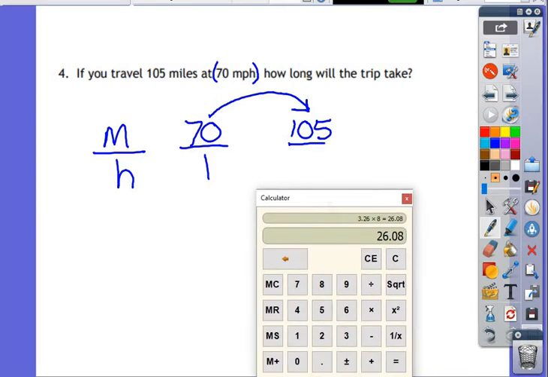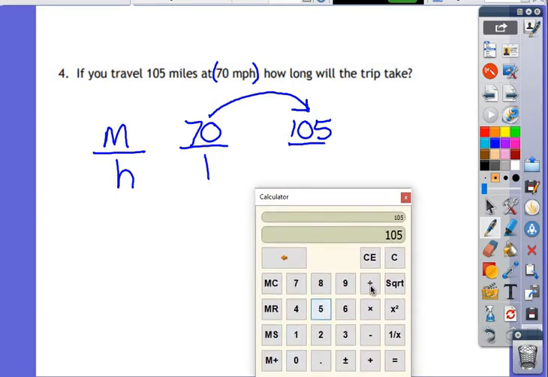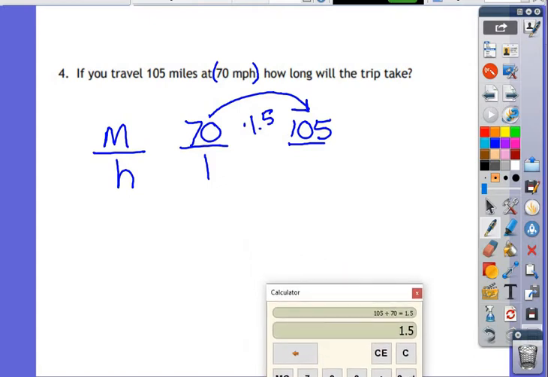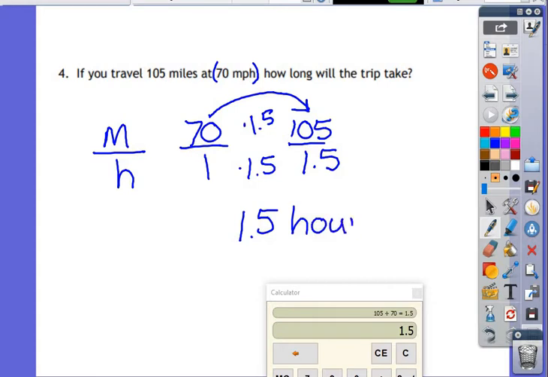To find that, I would do 105 divided by 70. So I multiplied by 1.5 to get that. So what should I do down here? 1 times 1.5. So this equals 1.5. To answer the question, how long will the trip take? 1 hour and 30 minutes. 1.5 hours.